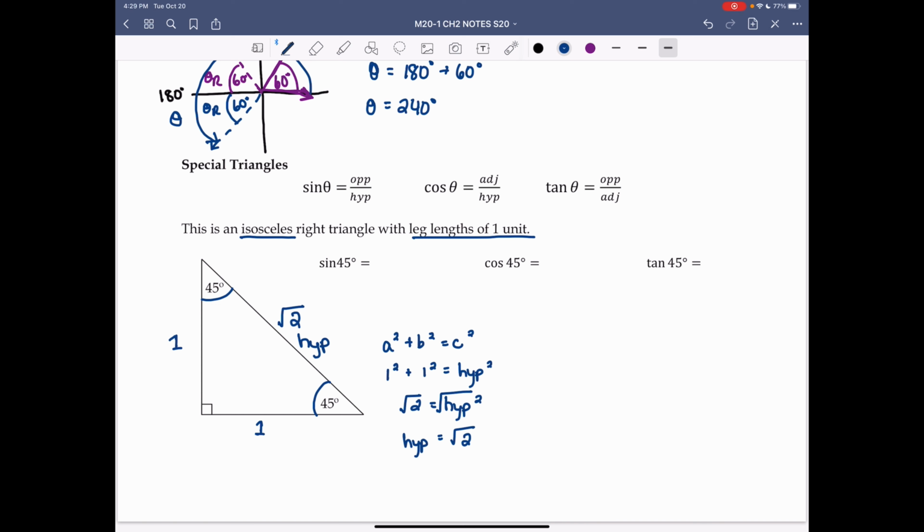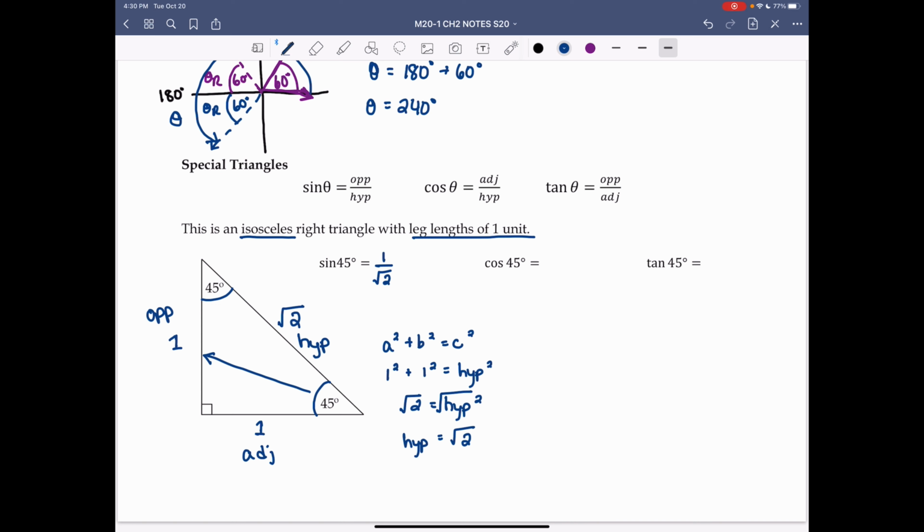So sine 45, sine is opposite over hypotenuse. We can go from either angle because it will be the same, but I'm going to go from this one. This would be my opposite, and this would be my adjacent. Sine is opposite over hypotenuse, which is 1 over square root 2.